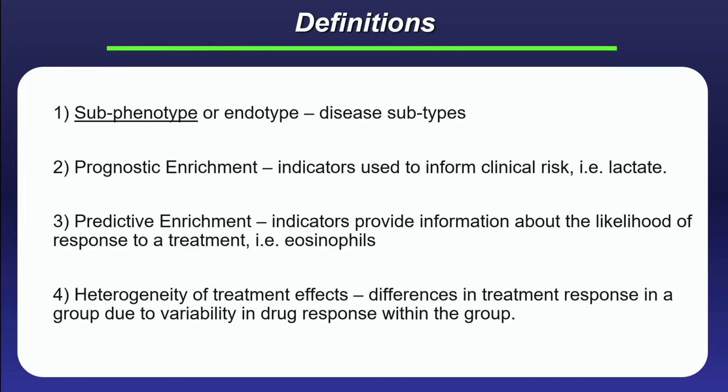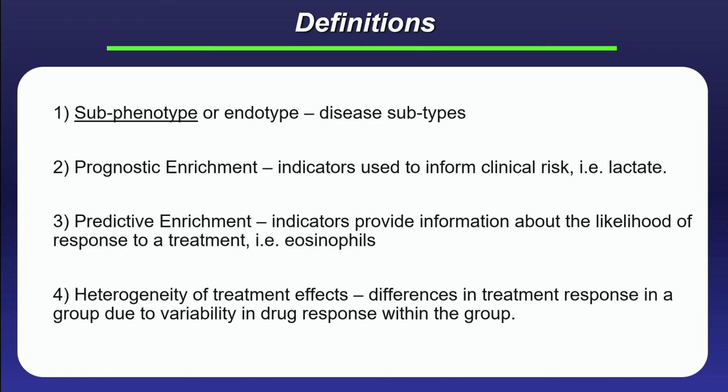An example that we use commonly in the ICU is thinking about lactate. And then predictive enrichment, in contrast, is an indicator that helps you define potentially which patients may respond differently to a certain therapeutic. And I think in the asthma literature we've seen a lot of examples of this, especially looking at peripheral eosinophilia. And then the final concept is heterogeneity in treatment effect.